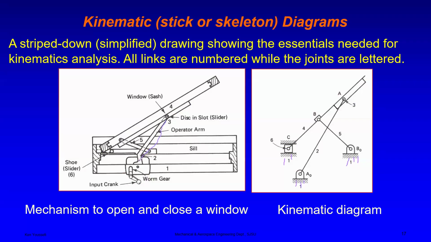Then that's our link 2, and it connects to this slider, this part here, which is 3. Our link 4 we simplify as this part because it also connects to 3. So this whole part here is 4, right? And our 5, which is this part here, is link 5.